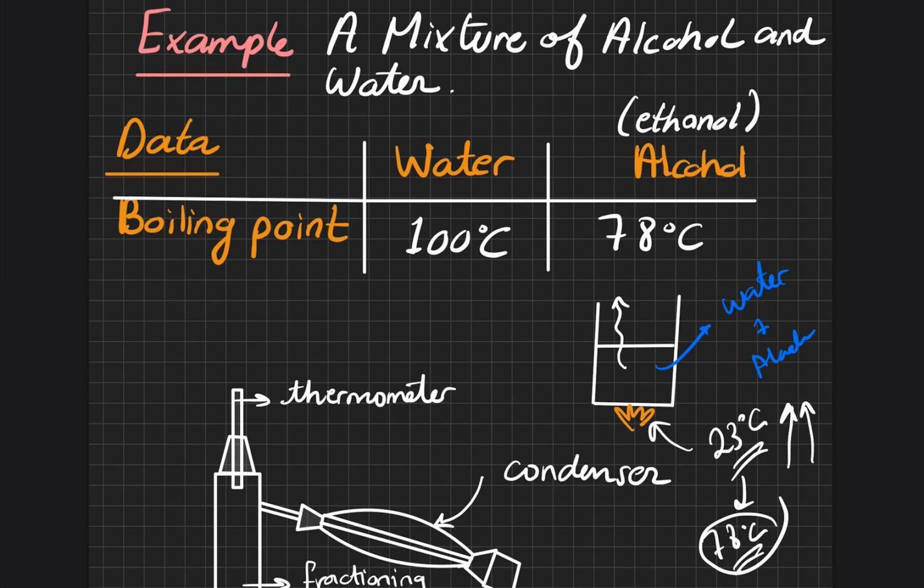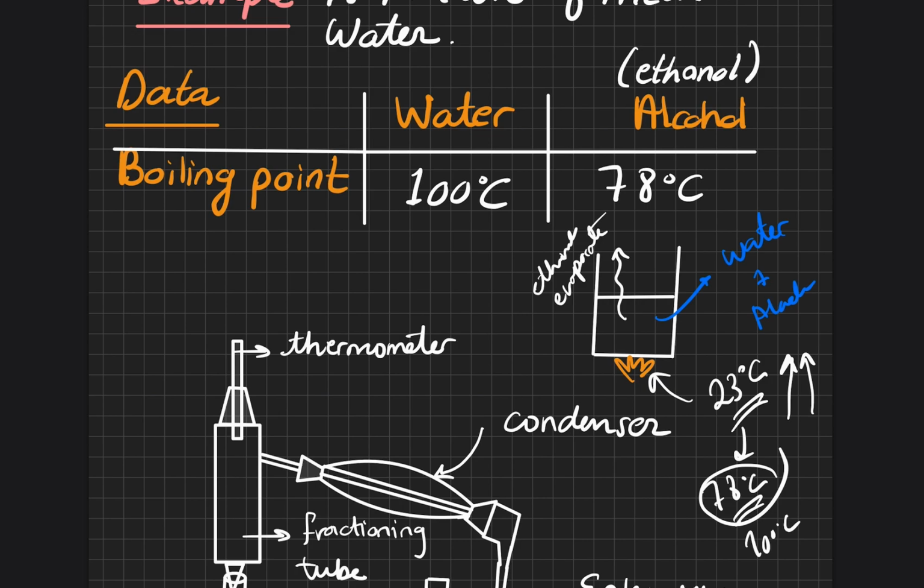Ethanol evaporates, that's true. So ethanol will evaporate, right? And the temperature will start increasing even more. When it reaches 100 degrees Celsius, what will evaporate now?